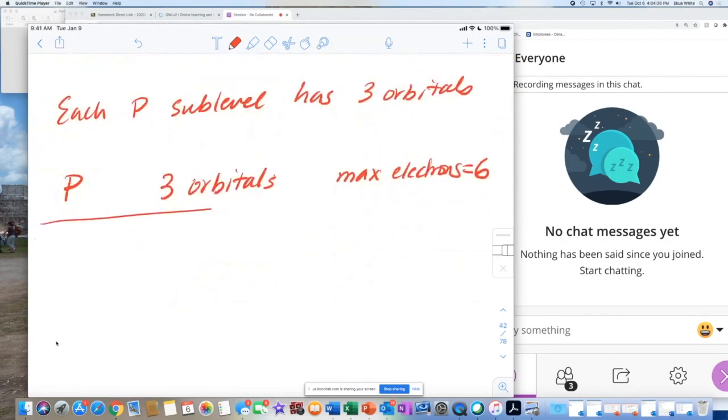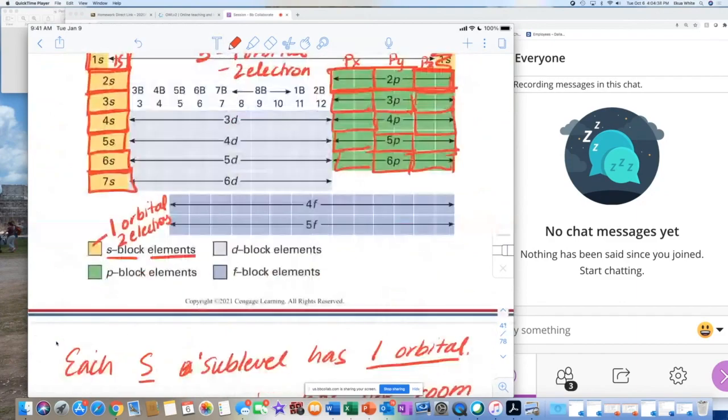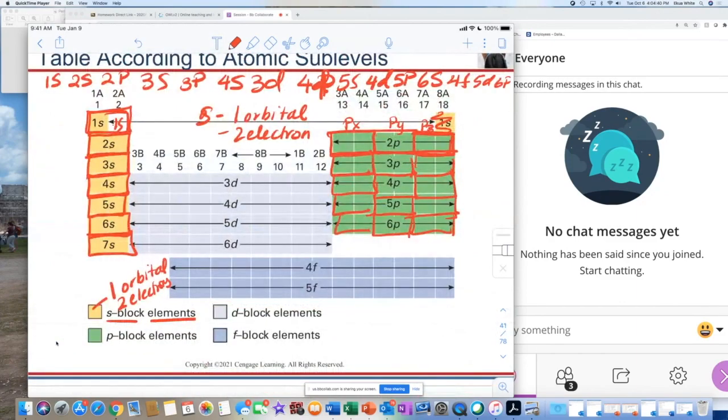We're moving on up. D, back to the picture here. I was trying to use the periodic table to show you how you can use the periodic table to help you with this. Draw a box here, draw a box here, box here, box here. These are ugly boxes, I do admit. They are not very good looking boxes. But I have 1, 2, 3, 4, 5. I have 5 boxes. That means the 3D sublevel has 5 orbitals.